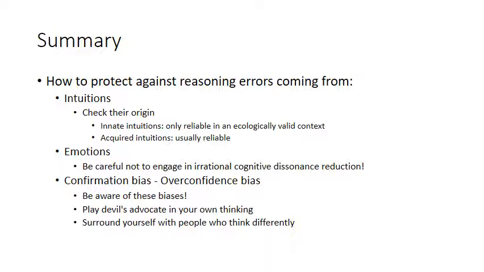And we can do so by, first of all, playing devil's advocate in our own thinking. When we come to a conclusion, we should develop the habit of asking ourselves what kind of information or what kind of arguments would actually refute, or at least put some question marks behind, our conclusion. And we should go look for that information.